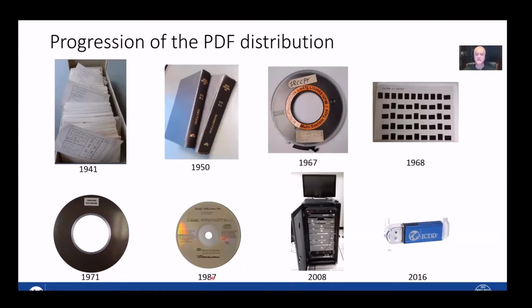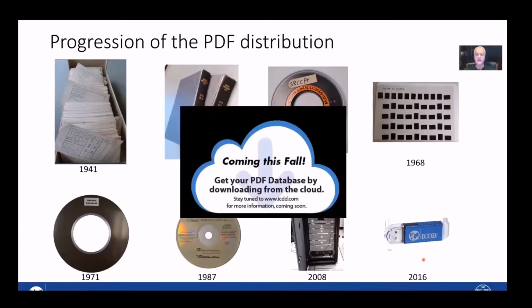In 1987, again an innovation, ICDD published the powder diffraction file on CD, and as time went on, it was moved over to DVD. In 2008, we actually had a cloud server version of the database. It was the ICDD web product. In 2016, the product was distributed by USB, and coming soon, ICDD databases will be downloaded from the cloud.